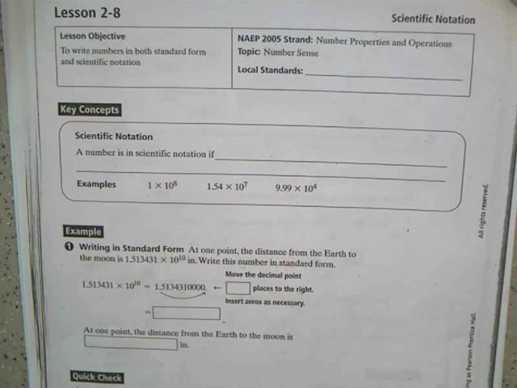As the term scientific notation might indicate, these are often used with scientific applications, things that are very large, perhaps distances in space, to things that are very small, measuring the size of microscopic particles, and so forth. So we're going to explore how those kinds of numbers look, and how you can change from standard form, which is a regular number, into scientific notation, and vice versa.